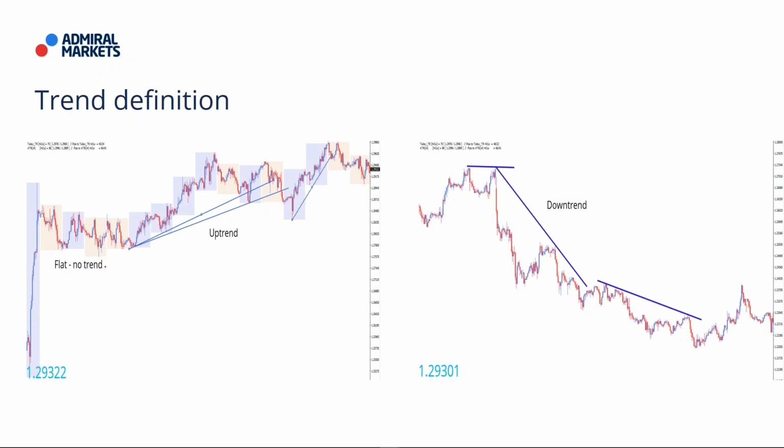When we don't have a trend, we say that the market is flat. I personally don't trade flat markets. Why? Because I tend to lose when the market is flat. For me, in order to make money in Forex trading, CFD trading, equities, whatever I trade, I really need to see a trend, because when I see a trend, then I know when to make a counter trend move. If I don't see a trend, I don't know when or where to enter.